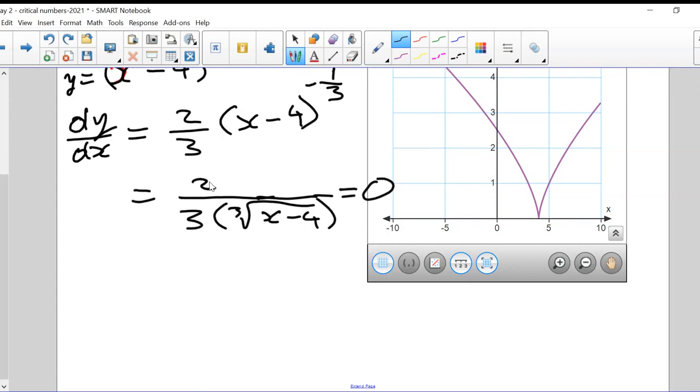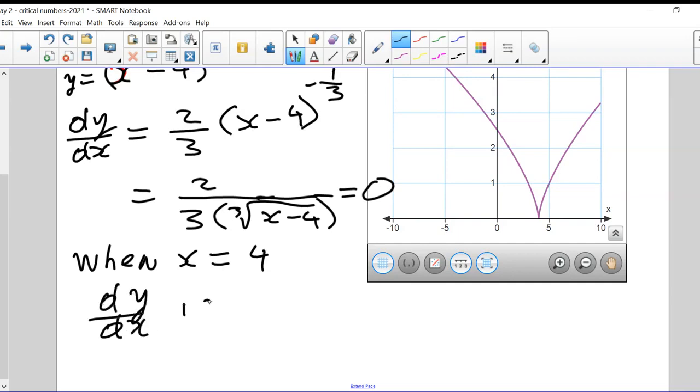And in this case, that number is 4, because when x is 4, you write that down. When x equals 4, dy dx is undefined. Right?